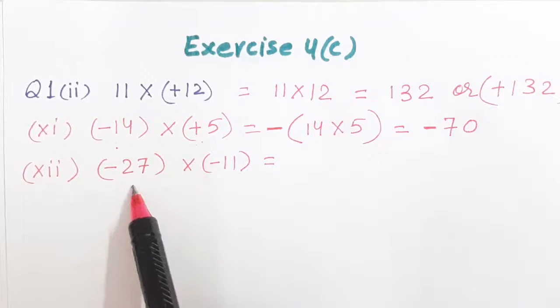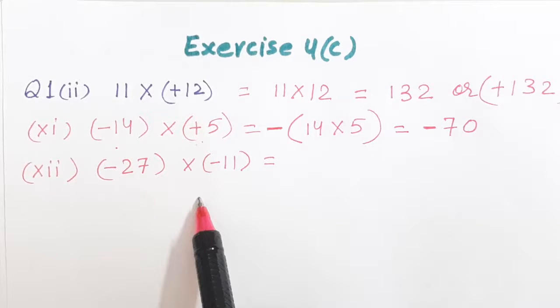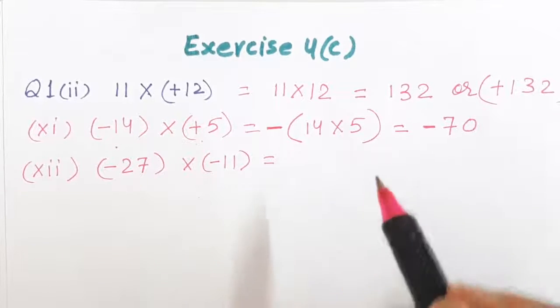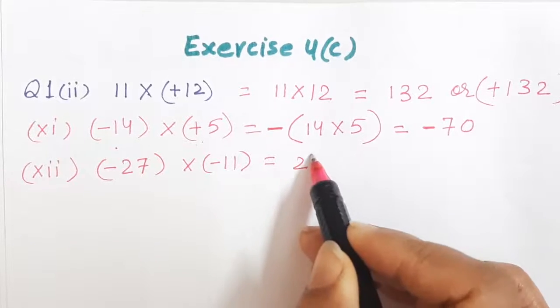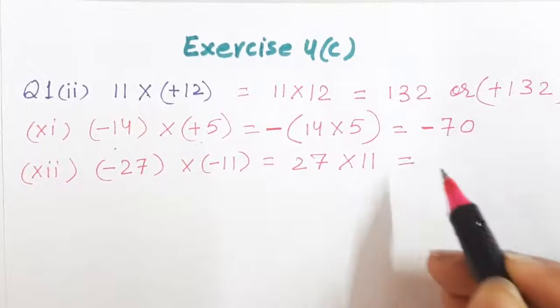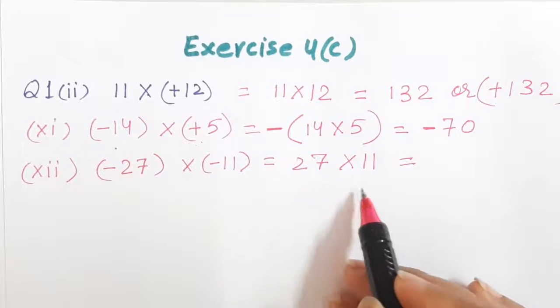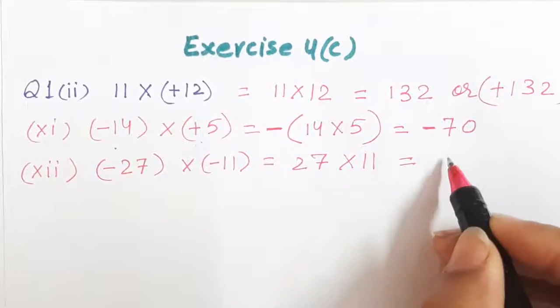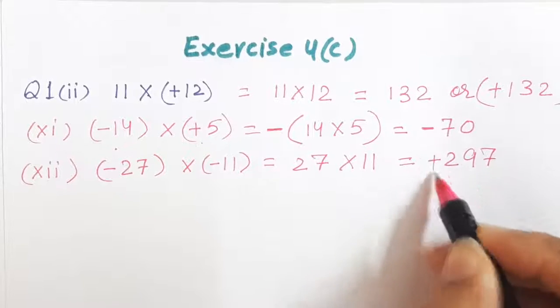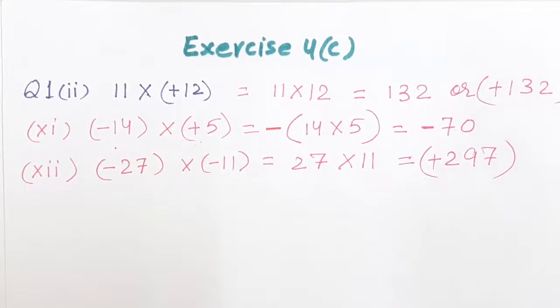Now whenever the two numbers are of same sign, in that case the answer is positive. So we just have to multiply 27 by 11. Now when you multiply 27 by 11, the answer is 297, which is positive, right? So this is the answer. I hope you all have understood now how to multiply two numbers.